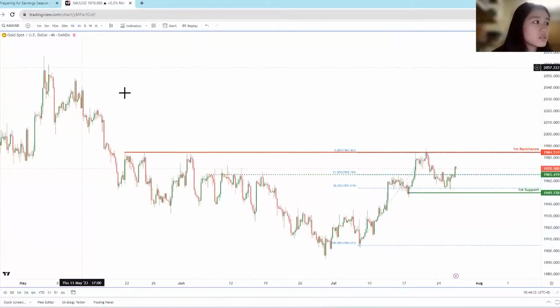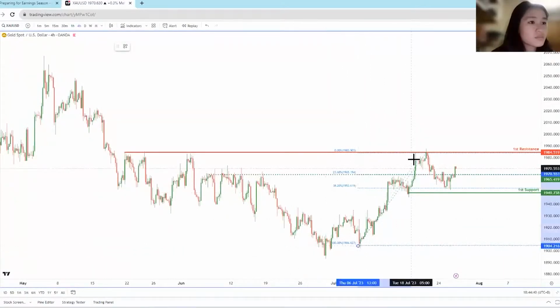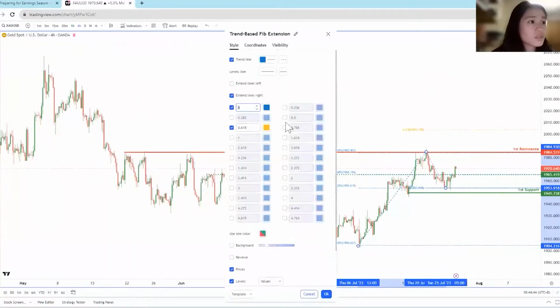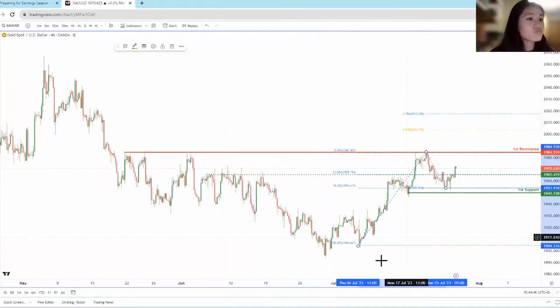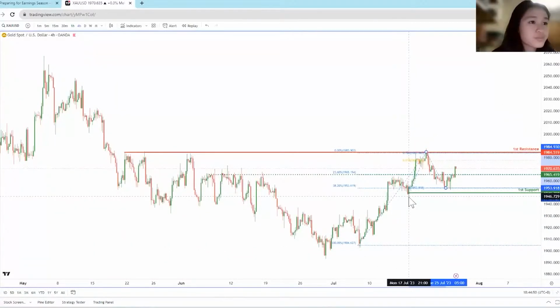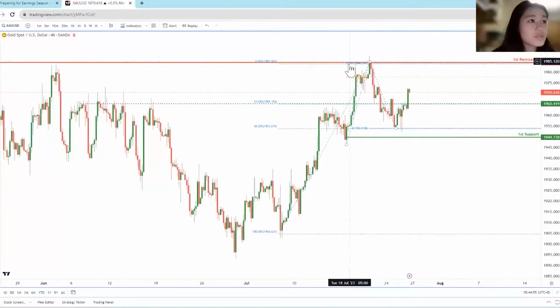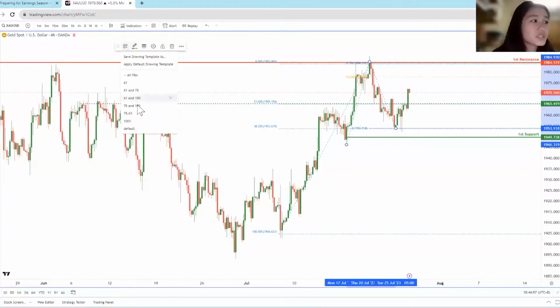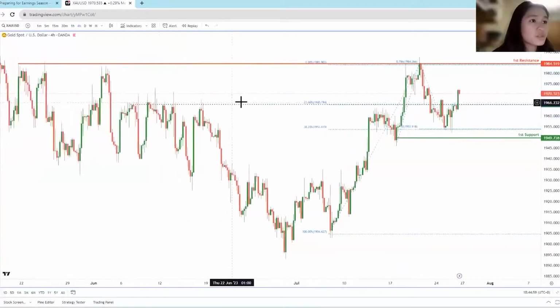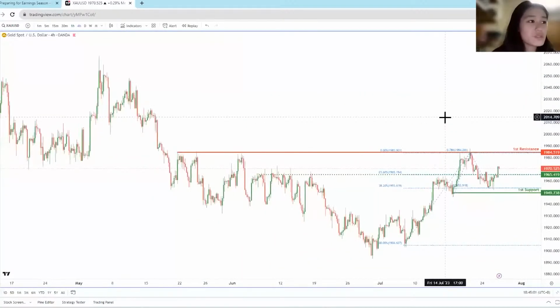And okay, my 78.6 Fibonacci projection also lines up with my first resistance.